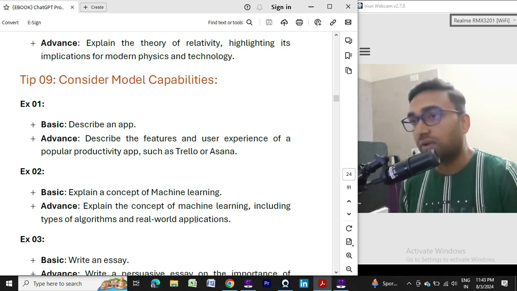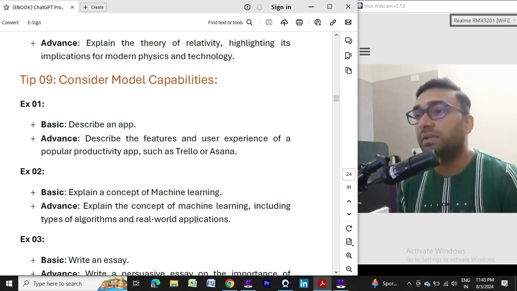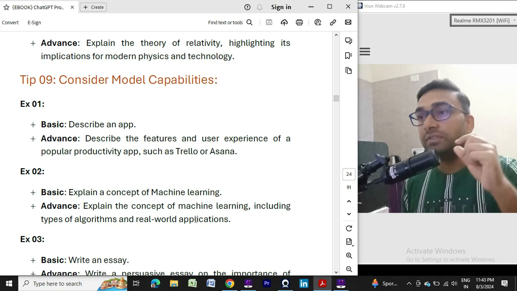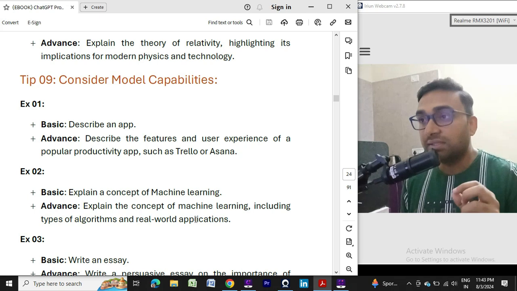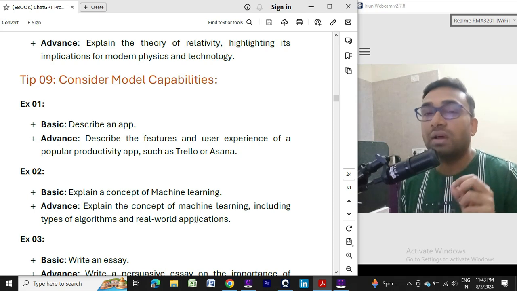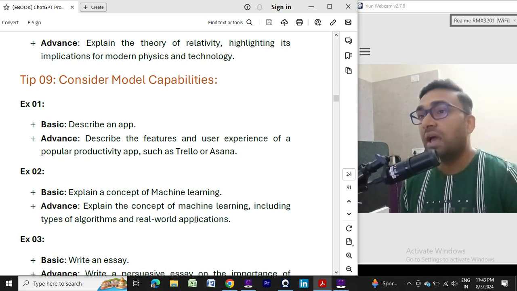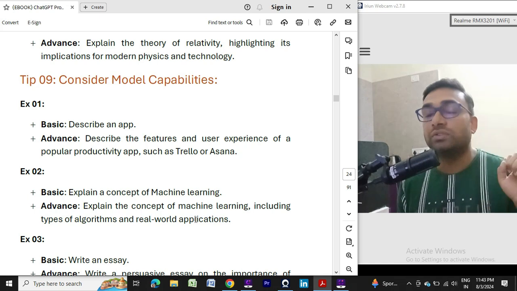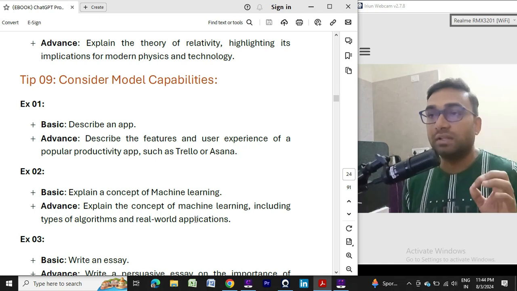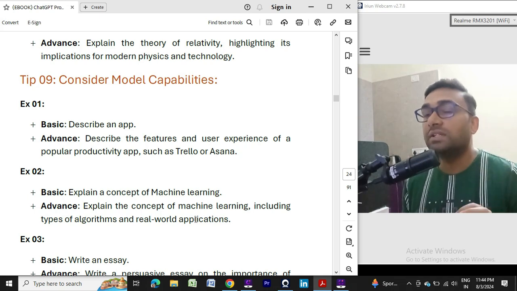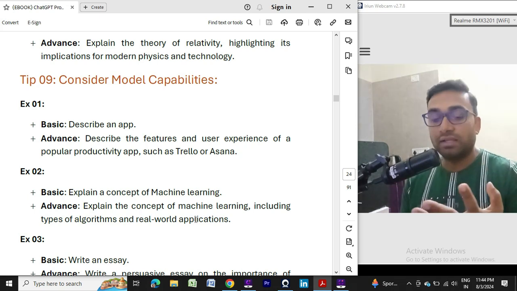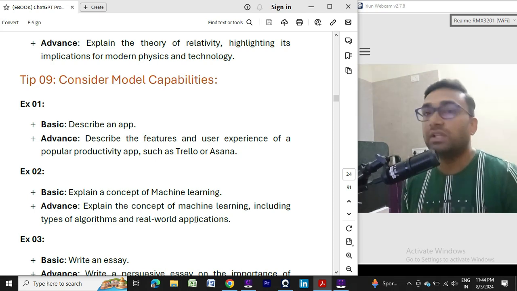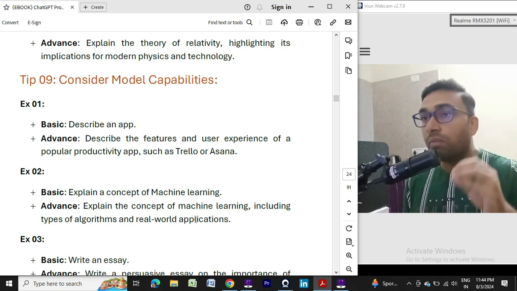But if I ask ChatGPT like this: describe the features and user experience of a popular productivity app such as Trello or Asana. So I need two things, the features and the user experience, of a popular productivity app.